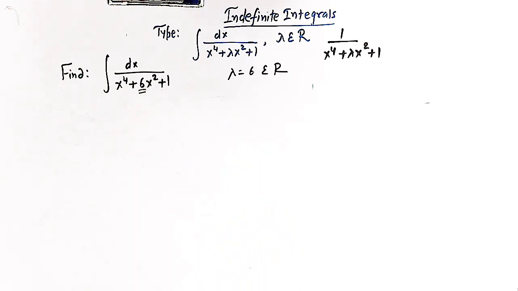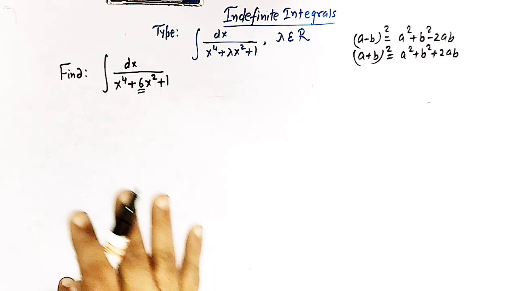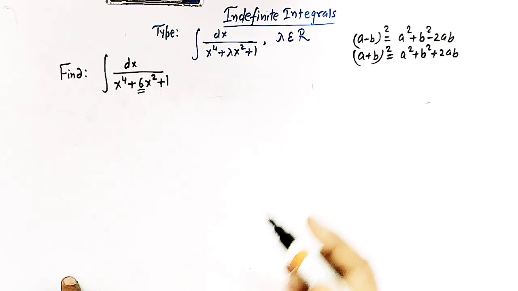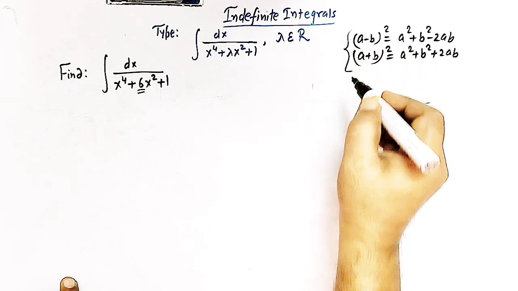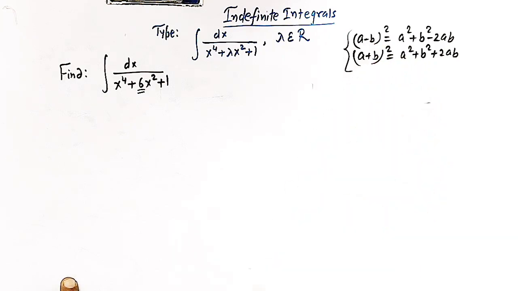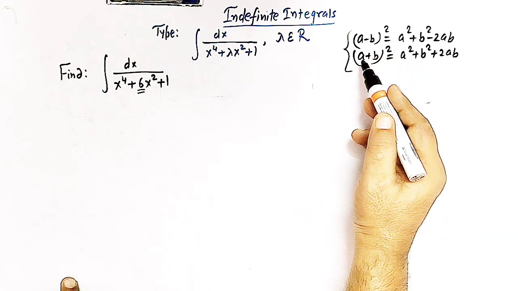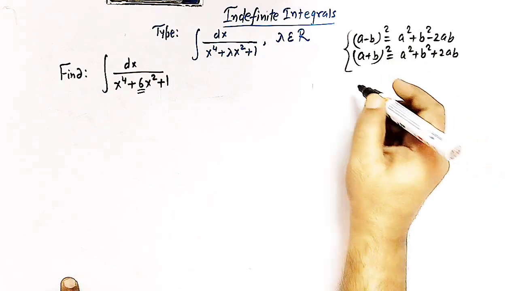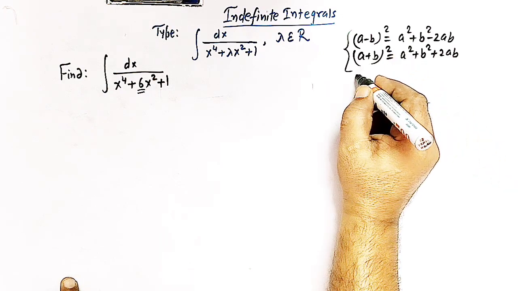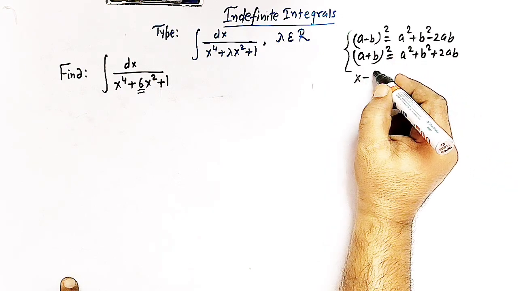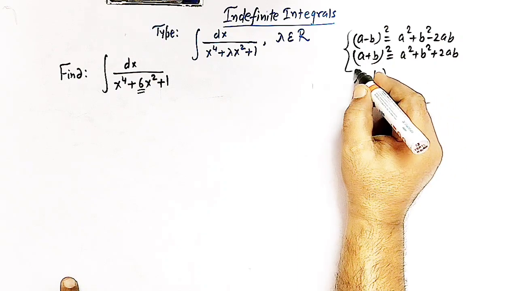type of indefinite integral. So while solving this indefinite integral, we'll make use of these two important identities, that is a minus b whole square and a plus b whole square, right? So let us take this expression, that is x minus 1 over x whole square.